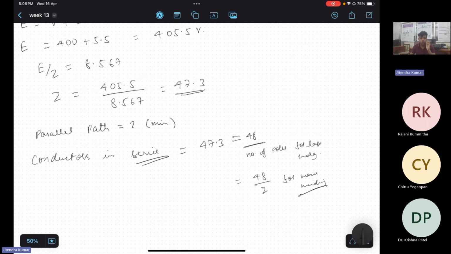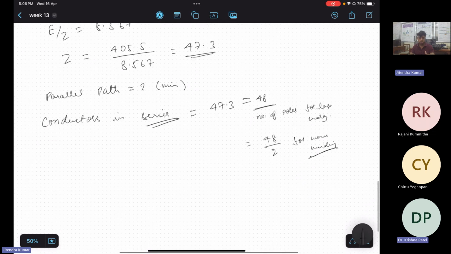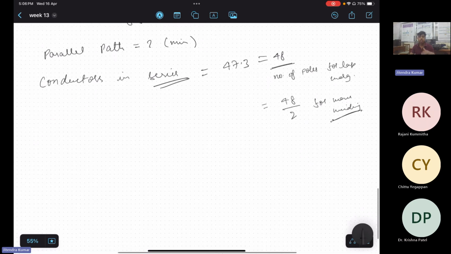A 4-pole 225 HP 500 volt series motor with given efficiency. Pole faces are square and the ratio of polar arc to pole pitch is given, and the permitted conductors are given.